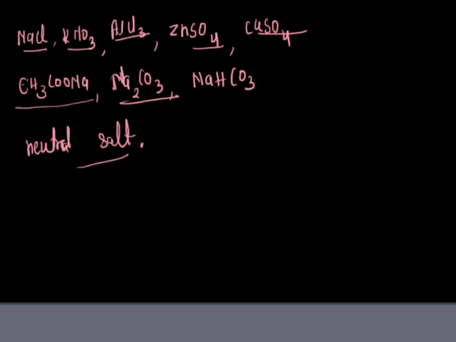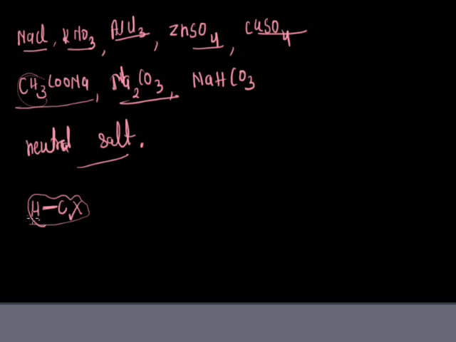Don't get confused in this salt CH3COONa, although it has 3 H. But these 3 H are not involved in the acidic character, since the H which is bonded with the carbon atom is not involved in the acidic character. If H is bonded with a carbon atom, then this bond does not break, since there is very little difference of electronegativity.